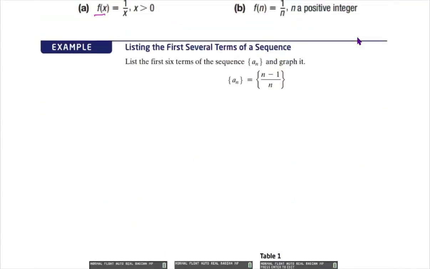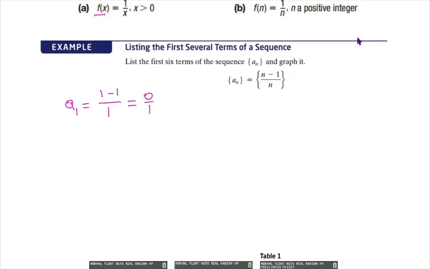So we're going to find a1. Everyone understands why we cannot start with 0, because 0 is an excluded value that makes the denominator equal 0. a1 equals 1 minus 1 over 1, so that's 0 over 1.